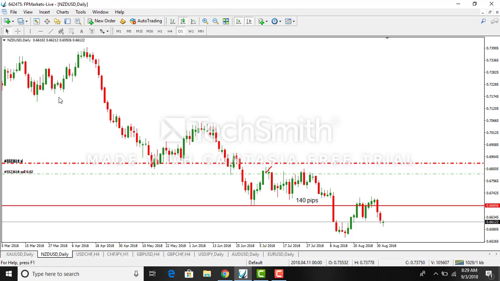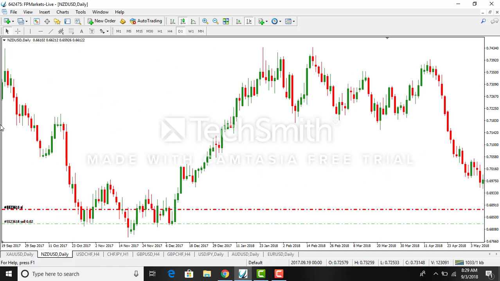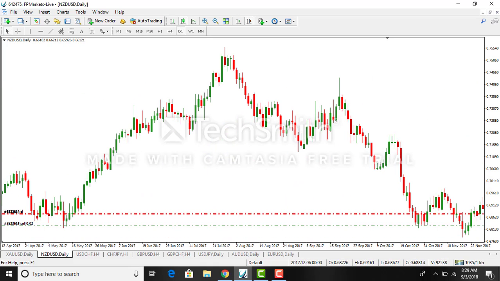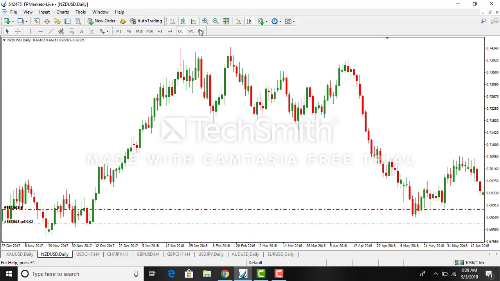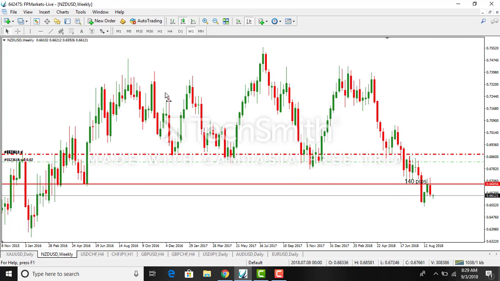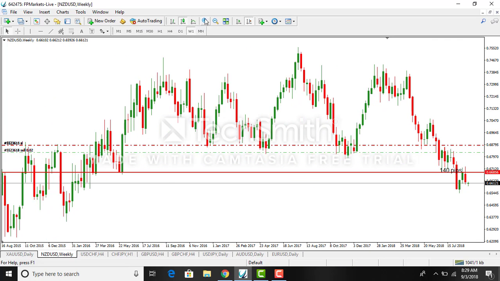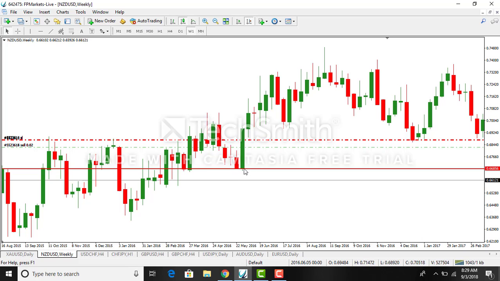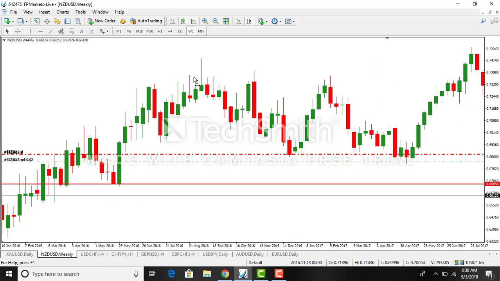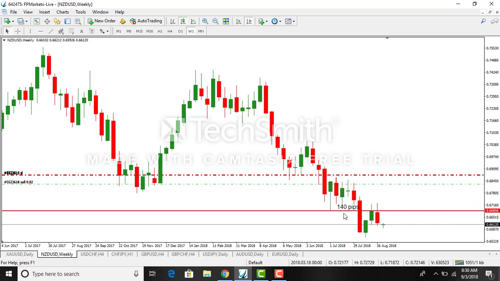So if we go to the left, actually it's easier if we turn it into the weekly chart. You'll notice that that red line is support on a weekly level. So if we move back here, that's where price bounced and it went back up and it came back down.